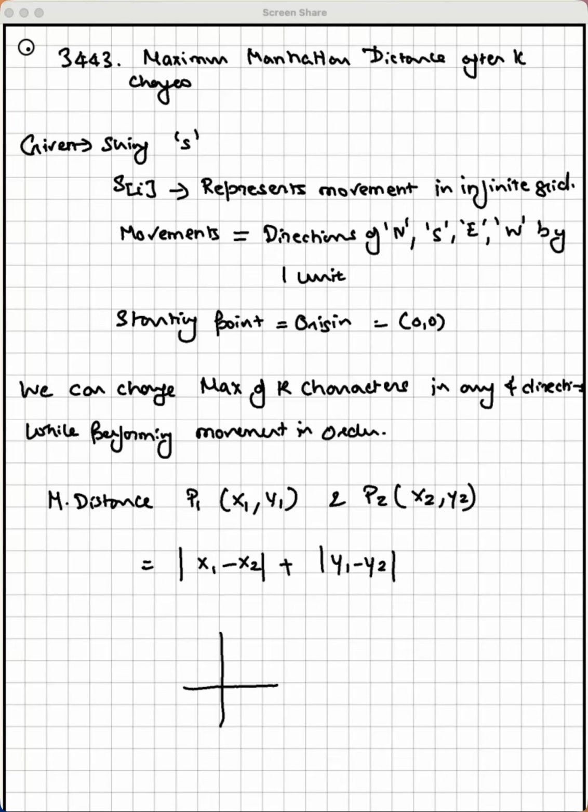So let's say if this is the origin, and this is P1 and this is P2, and P2 is at a distance of 1 and P1 is at a distance of 2. Then the x difference is 2 minus 1, and the y difference is also 2 minus 1, and so we get 1 plus 1 as 2, which is the total Manhattan distance.